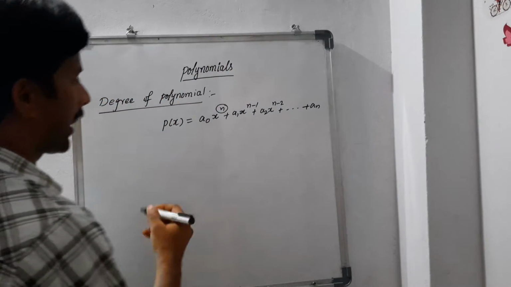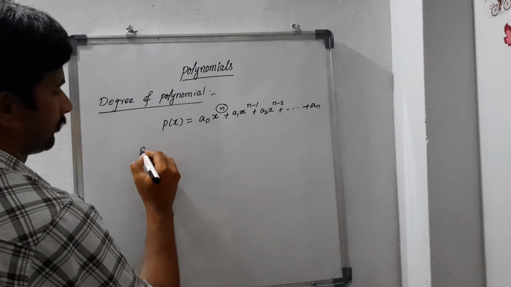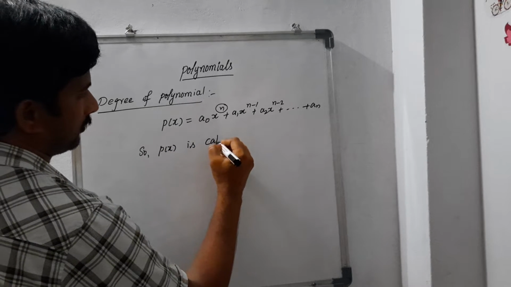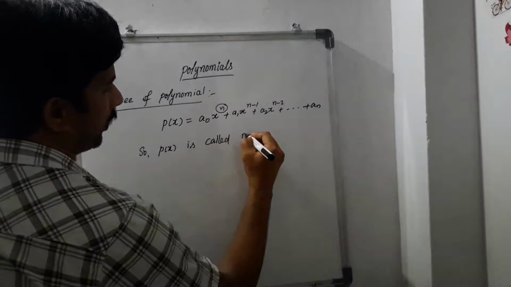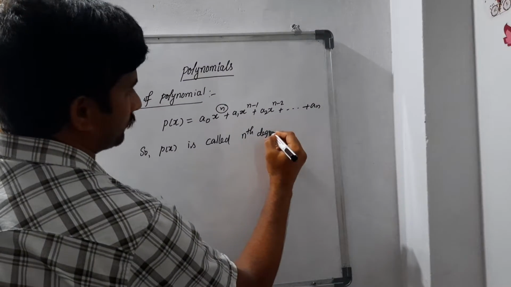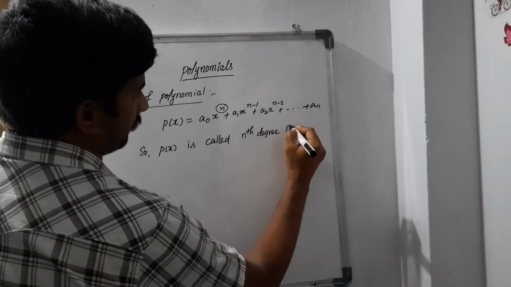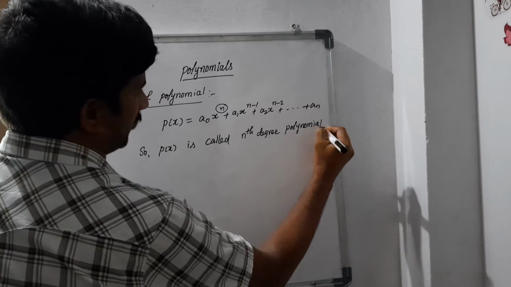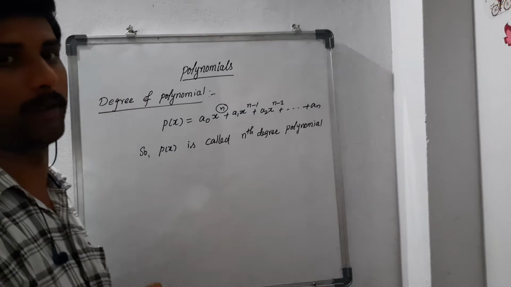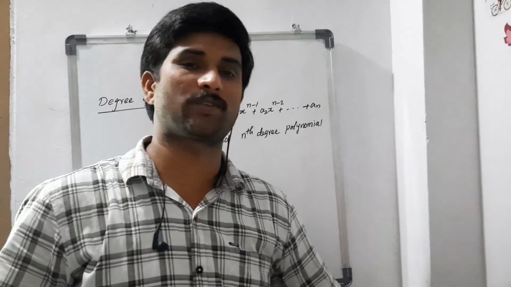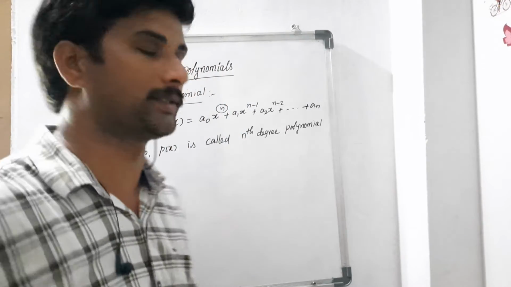So p of x is called an nth degree polynomial.